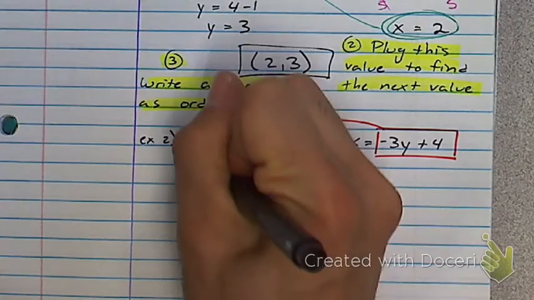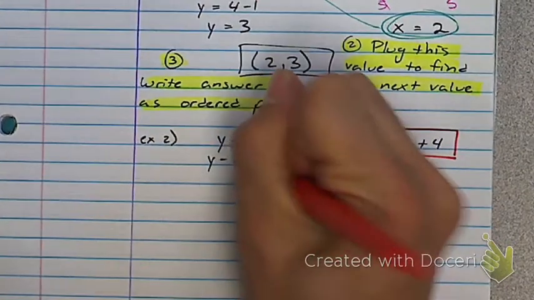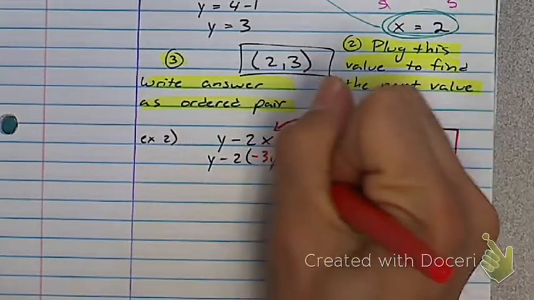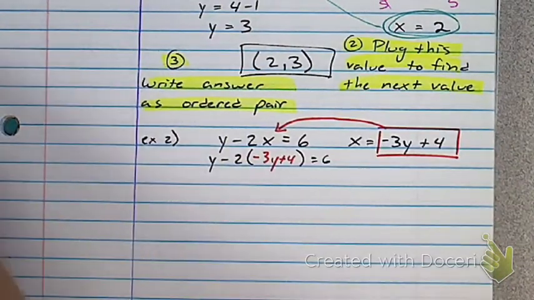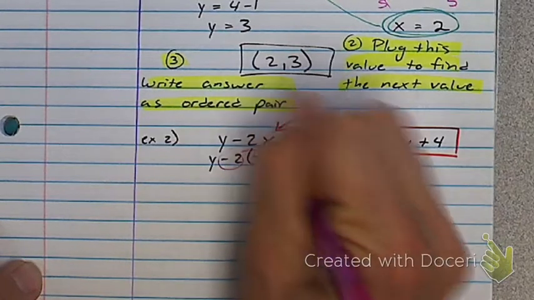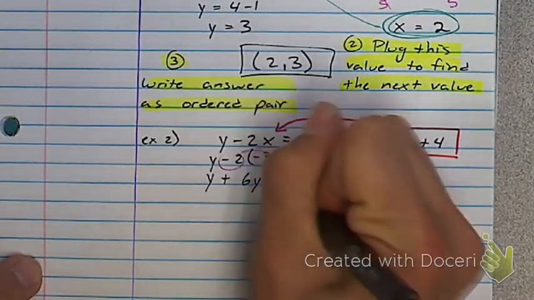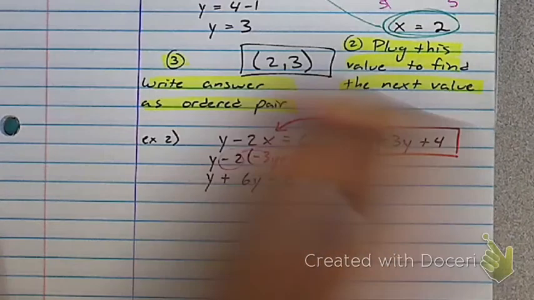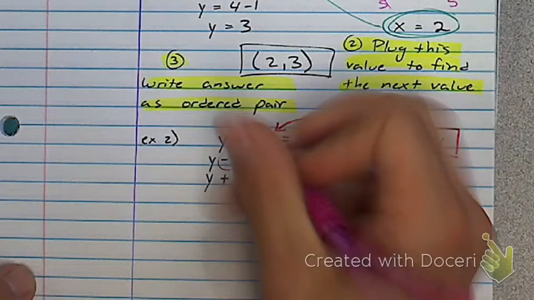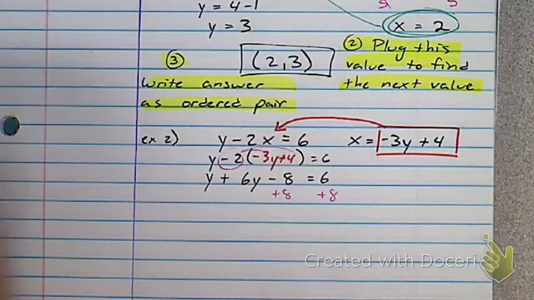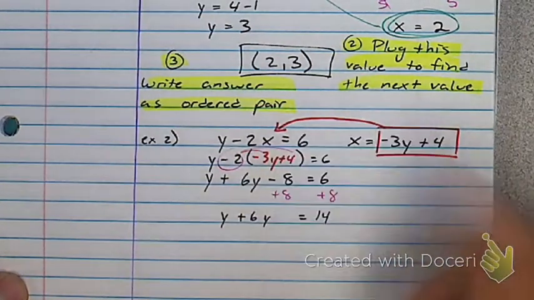You get y minus 2 times what? Equals 6. Distribute the negative 2. You get y plus 6y minus 8 equals 6. You add 8. You get y plus 6y equals 14. You can combine these.